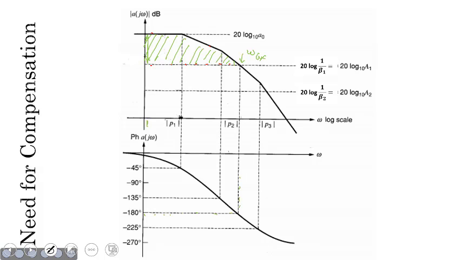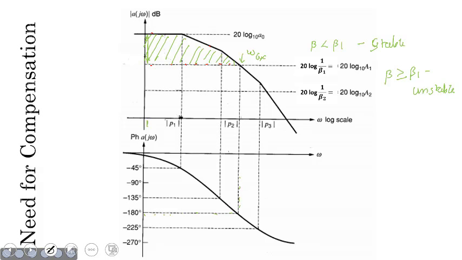So for values of beta smaller than beta 1, the system will be in a stable condition, but for values of beta greater than or equal to beta 1, the system would be driven into an unstable condition, right?